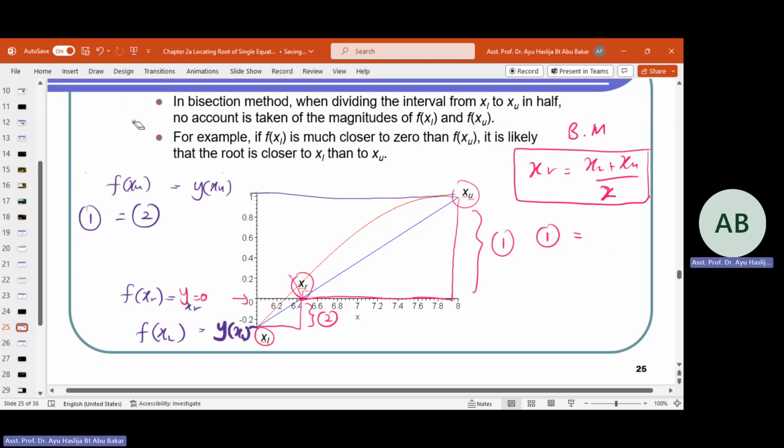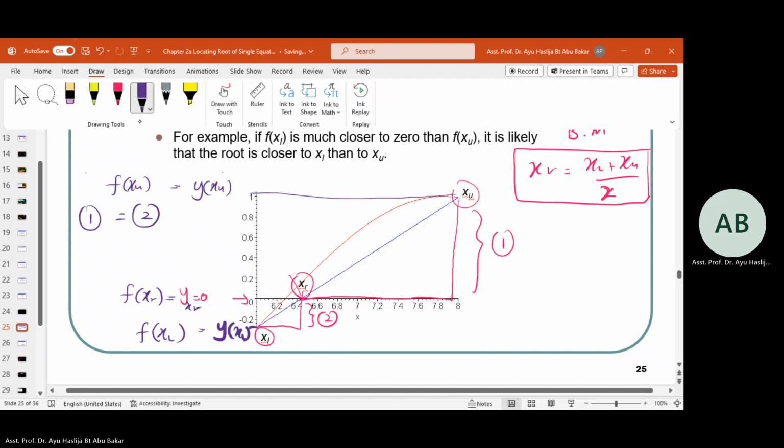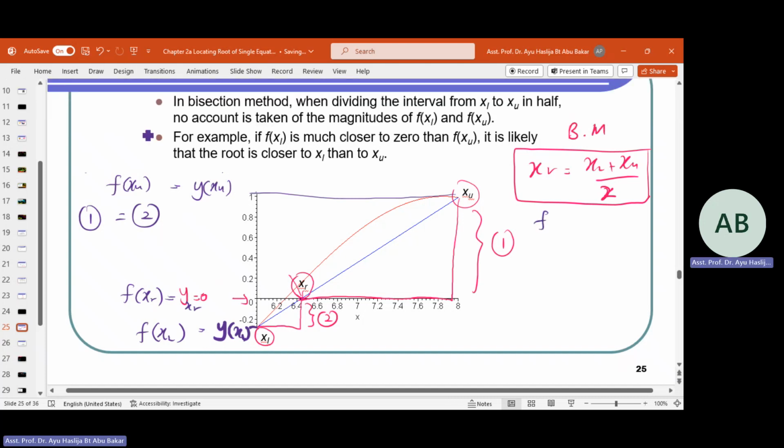I erase this side. So gradient 1, what is it? F(XU) minus F(XR) over XU minus XR.